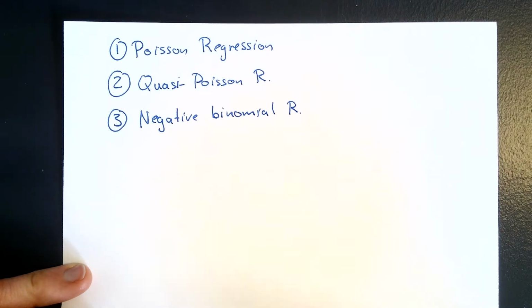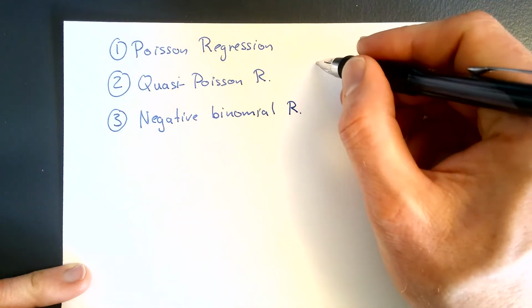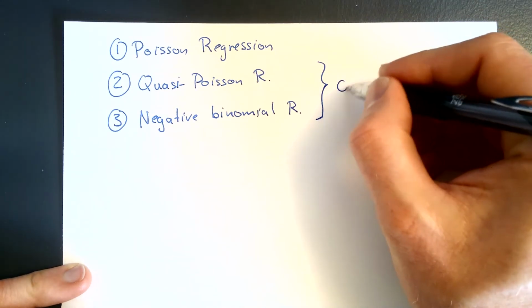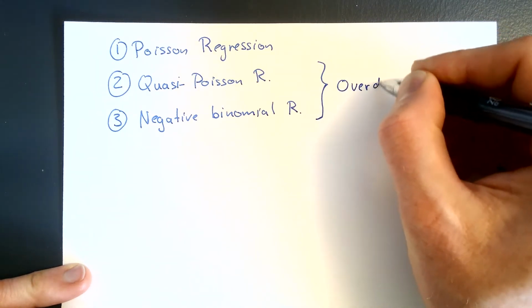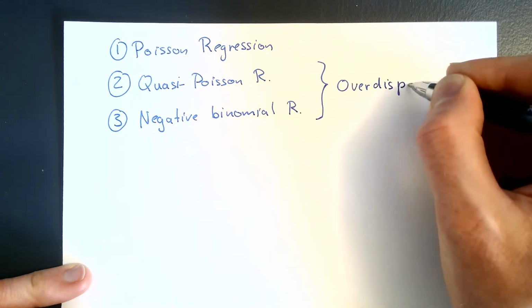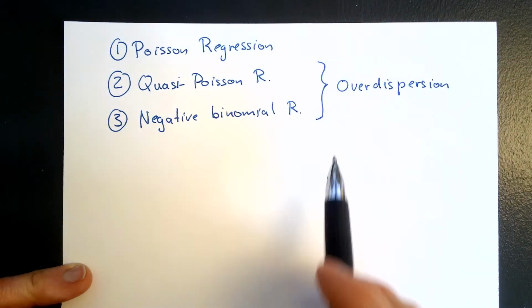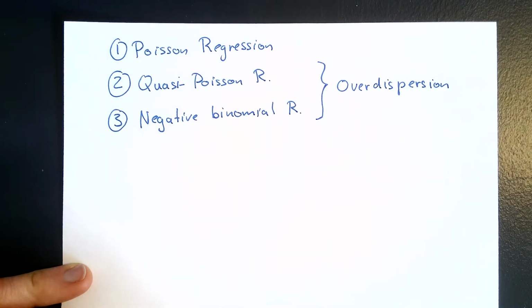Now, the last two models you can use in the case of over-dispersion. What this means, I will get to later.